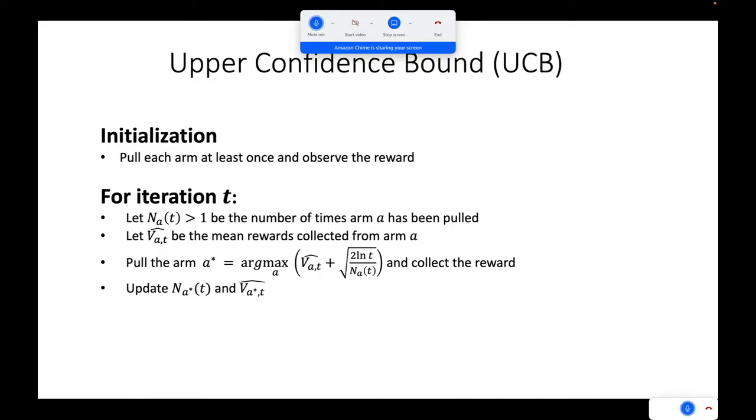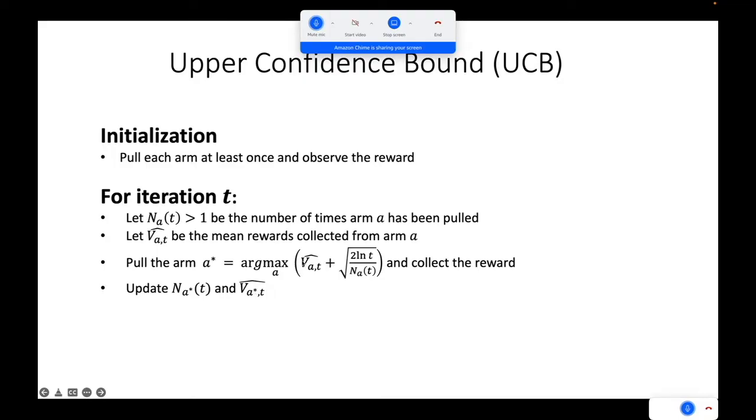Now, for every iteration, we calculate the UCB of an arm, which is essentially what goes under this argmax here. The arm which has the highest UCB is selected as the candidate. This arm is pulled and we observe the reward, and depending on the reward, we update these counters.